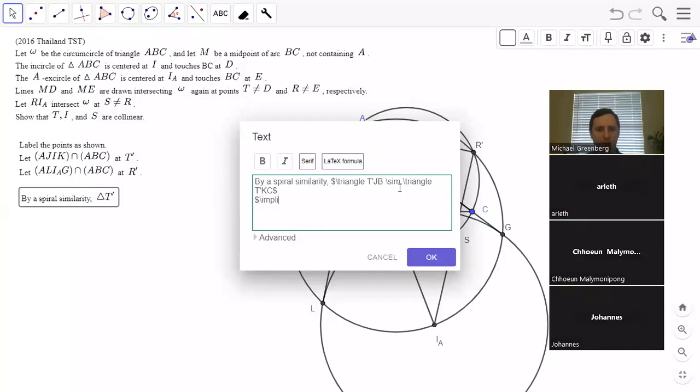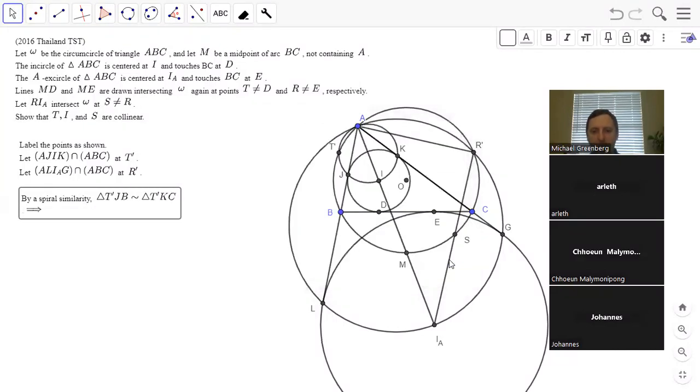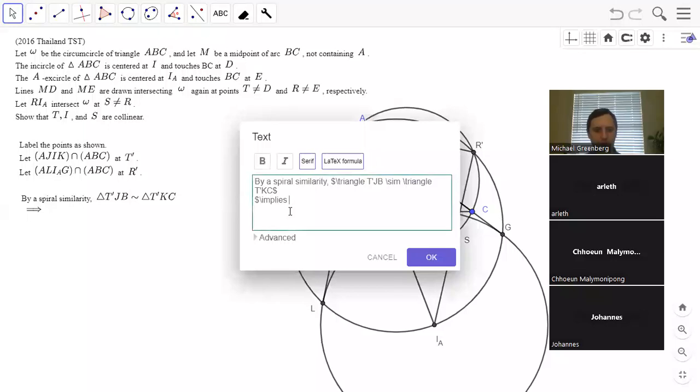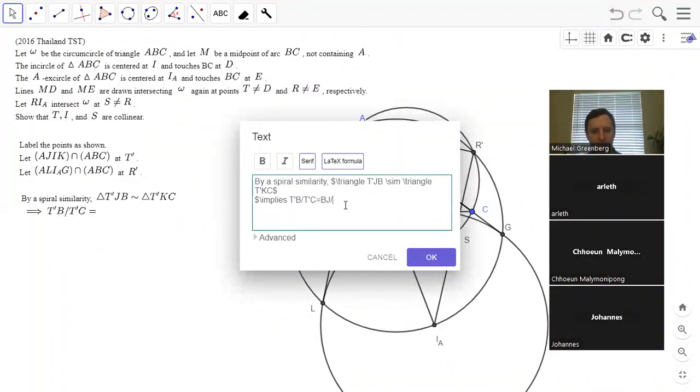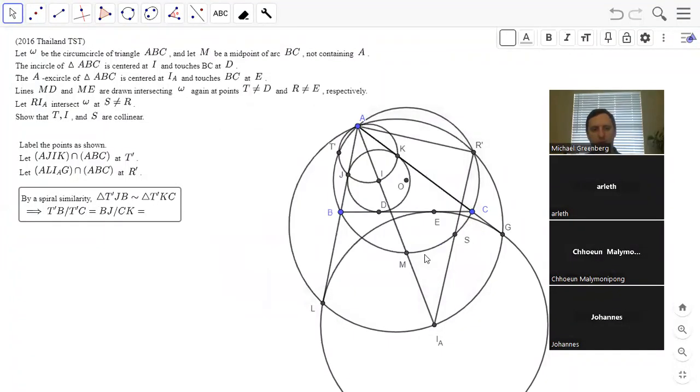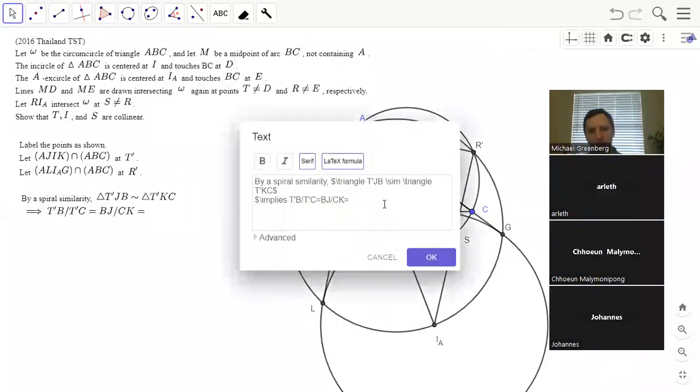And that means that T prime B over T prime C should be BJ over CK, which is equal to BD over DC.